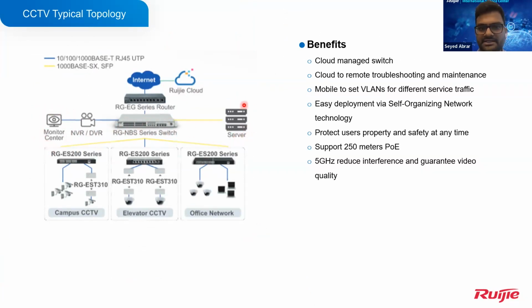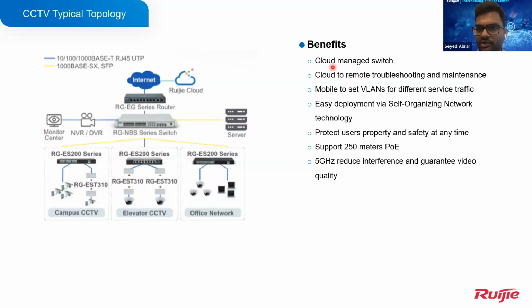And then we have servers for storage, where the video recording will be stored. And then it will be distributed to all the locations in your property building with the ES series switches. And then you have campus CCTV cameras. We have elevator cameras. You can even use our CCTV network in the elevators.